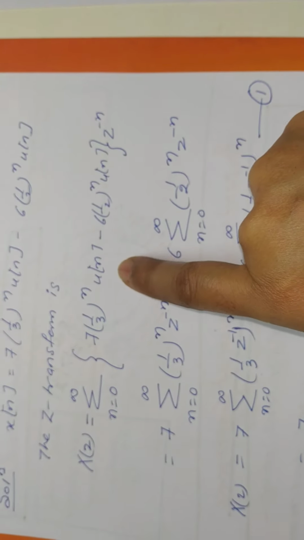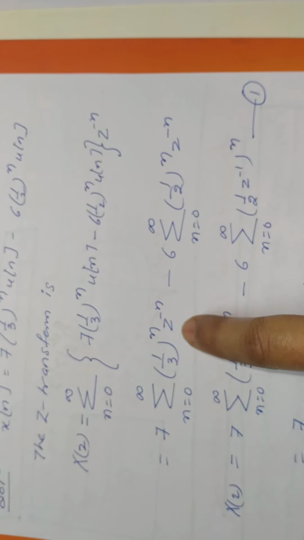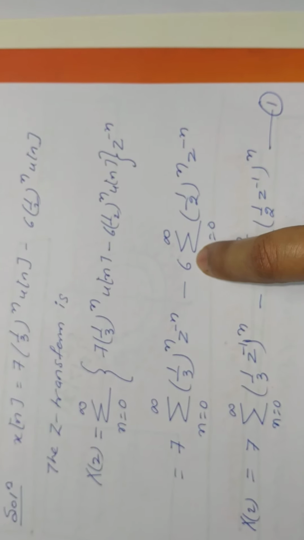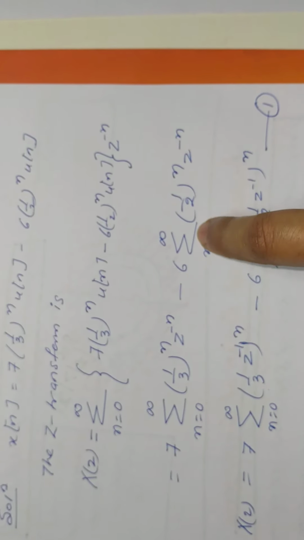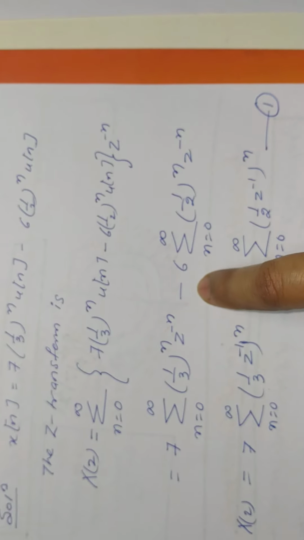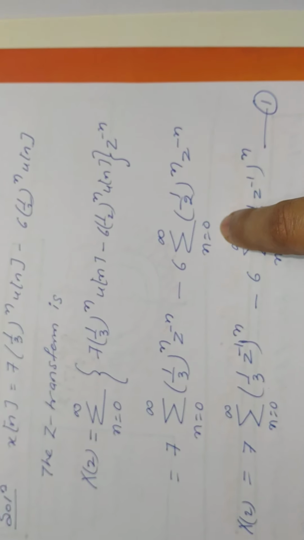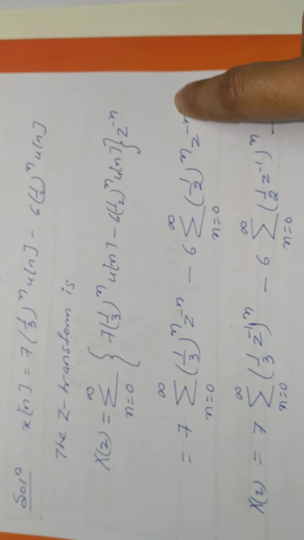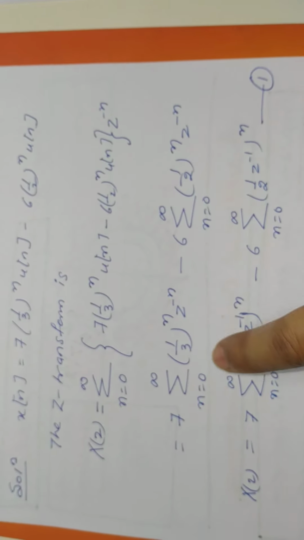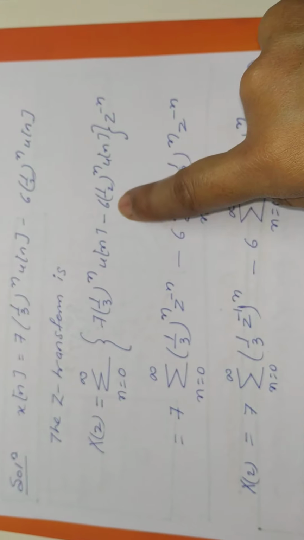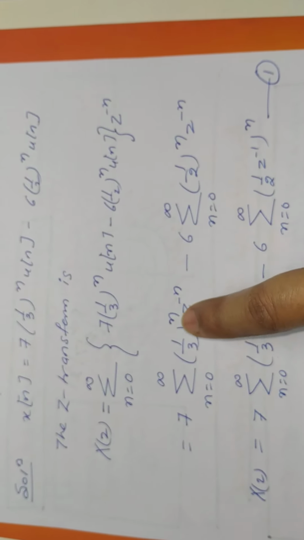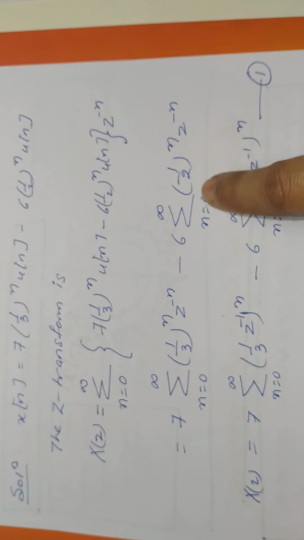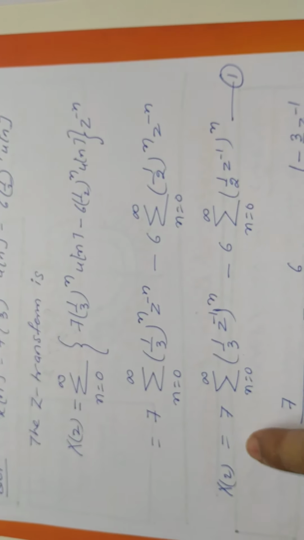Since it has u of n attached to it, I have taken 7 out, 1 by 3 to the power n into z to the power minus n. Now this is the second part of the same sequence, minus 6 taken out, summation n equals 0 to infinity 1 by 2 to the power n z to the power minus n. That is, I have just applied the formula of x of z to the sequence that is given to us.